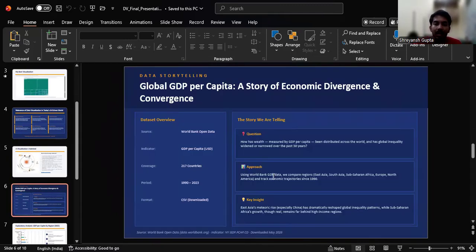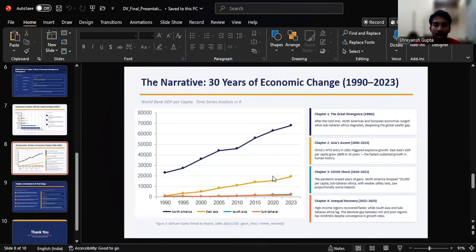The dataset that I've taken for performing the EDA is GDP per capita, and it has 217 countries and data from 1990 to 2023. The regions are North America, Europe, East Asia, South Asia, and Sub-Saharan Africa.